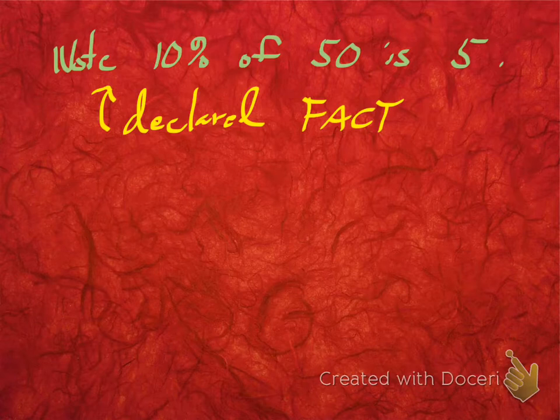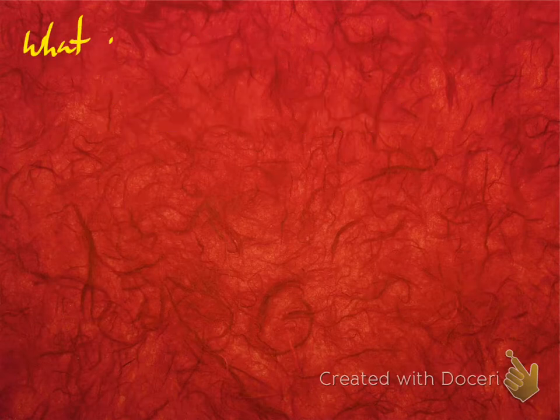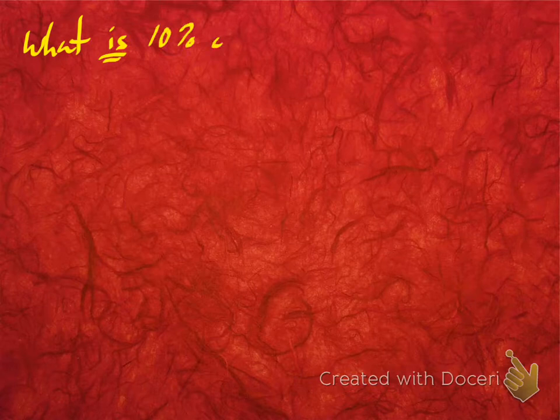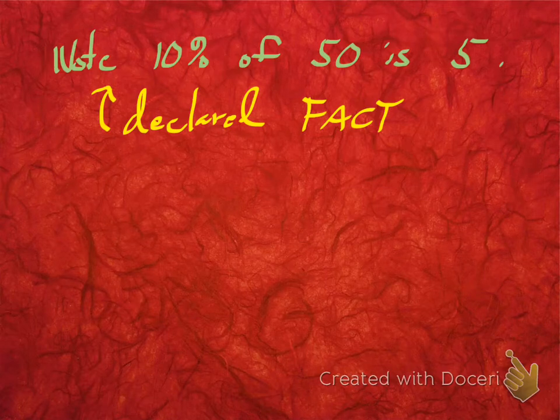All right, so given that that's a declared fact, let's look at how we could break that down. Oops, sorry, that's not what I wanted to do. Let's back up. Okay, so let's take that declared fact and let's break it down. So is over of equals percent over 100.